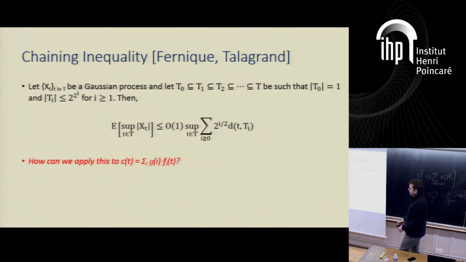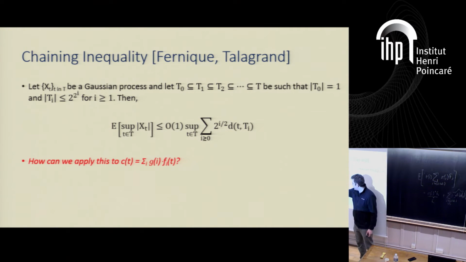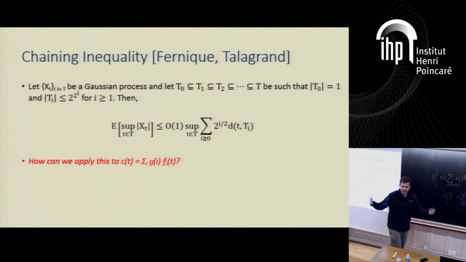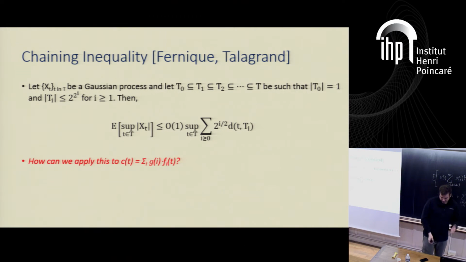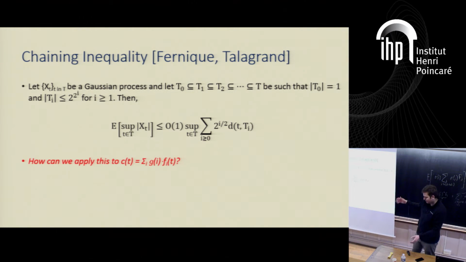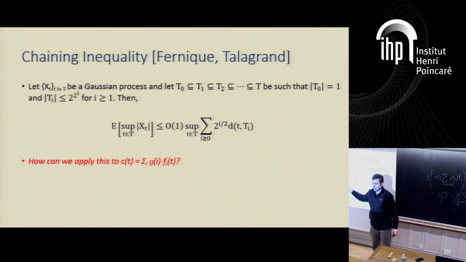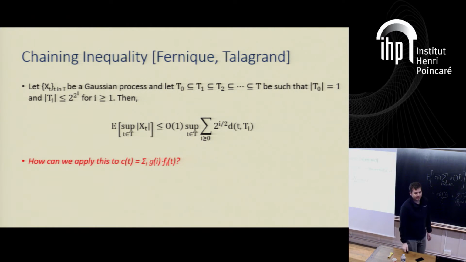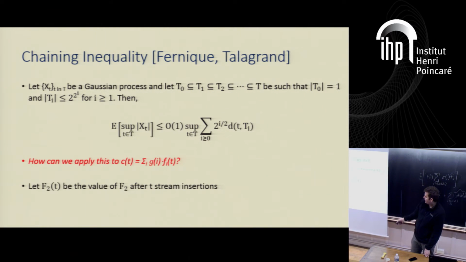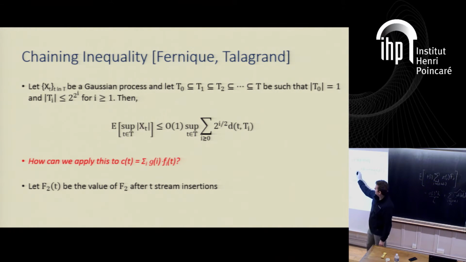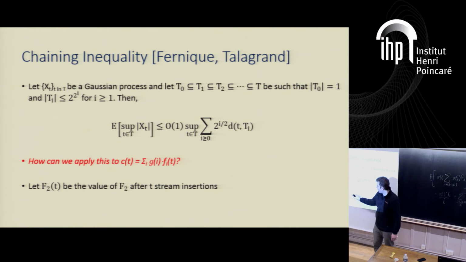So how can we apply this to our Gaussian process, our counter C of t, which is the sum of the frequencies at time t scaled by their Gaussians? What we're going to do is define this nested sequence of subsets based on where the f2 value of the stream changes.